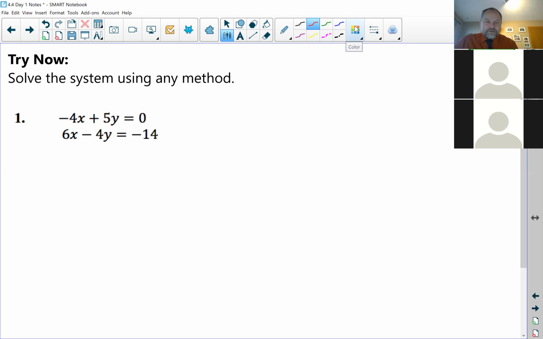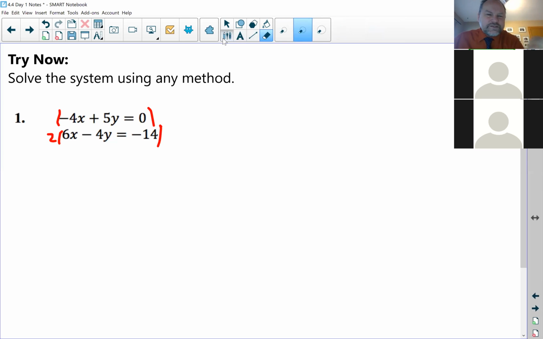This one is kind of like the last ones that we did with elimination. I can't multiply just by one value or one equation. So what I would do, I'm going to eliminate the x's, and I'm actually going to multiply by 3 and 2 because that will give me negative 12x and a positive 12x.